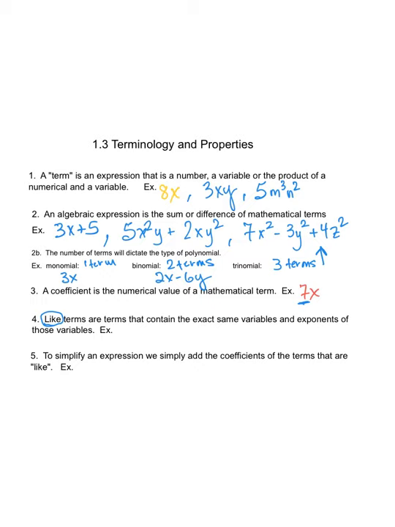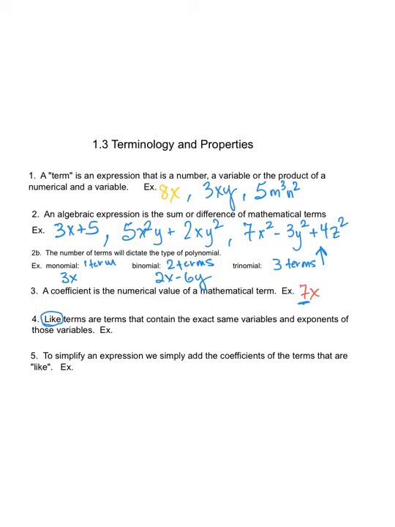Well, like terms are terms that contain the exact same variables and exponents of the variables. So in a mathematical term, the variables and their exponents must be exactly the same for the terms to be like terms.